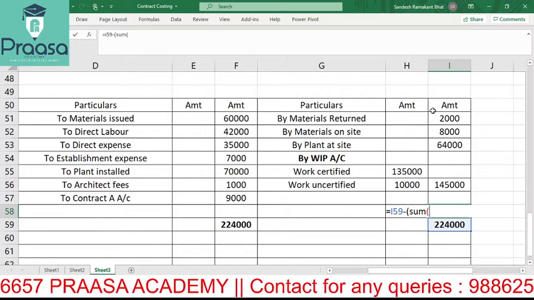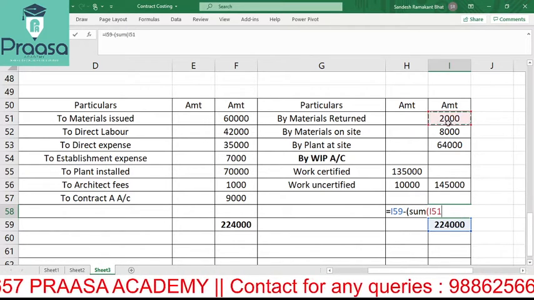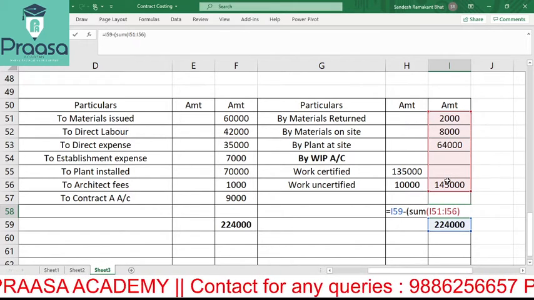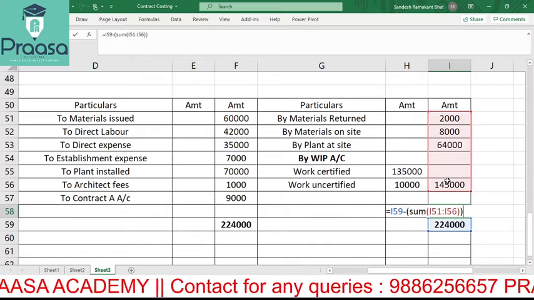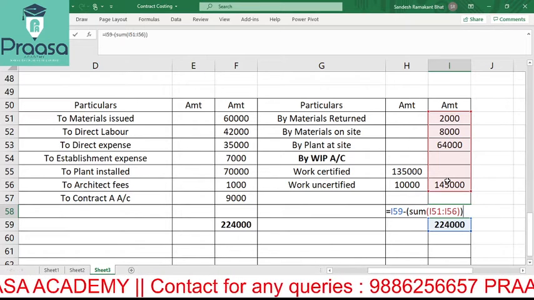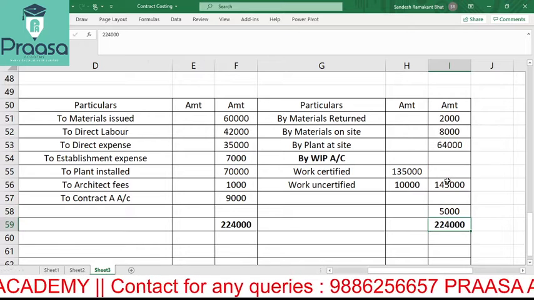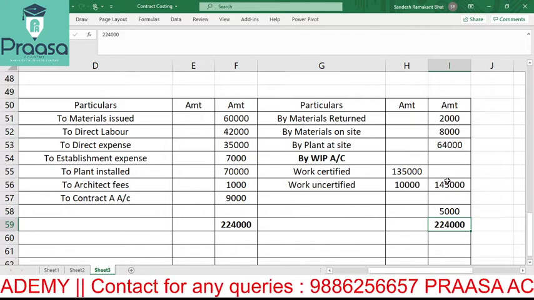This helps you to check Excel functions as well, students. Small functions, very primary functions which you should know. 5,000. So 5,000 is a loss.